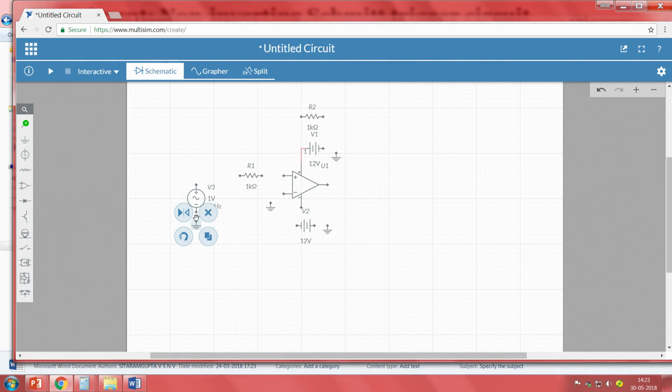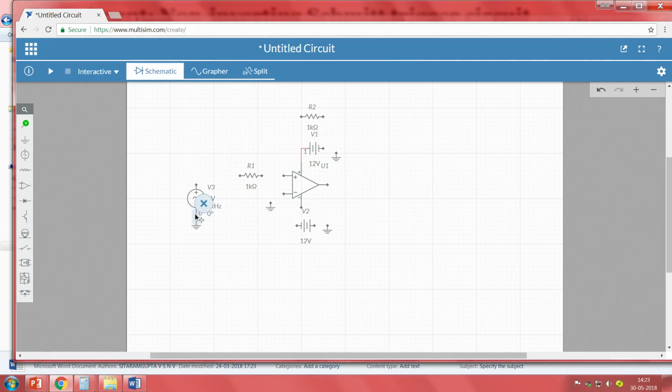After placing everything, I will connect the wiring. So how to do the connection? Simply, wherever you want to create a wire, go to the end tip and press the left mouse click. Automatically the tool will be converted to the wiring tool. Then move your mouse, and wherever there is a connector, it automatically shows a zoom out indication.